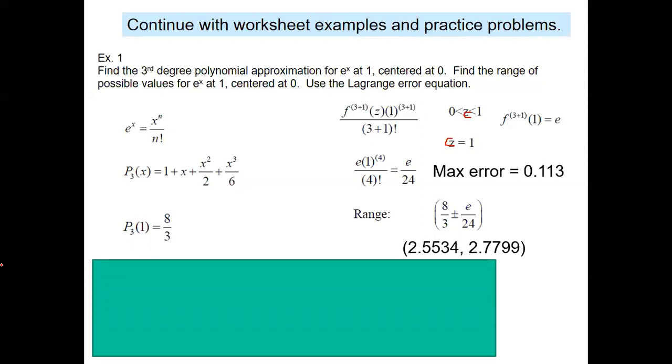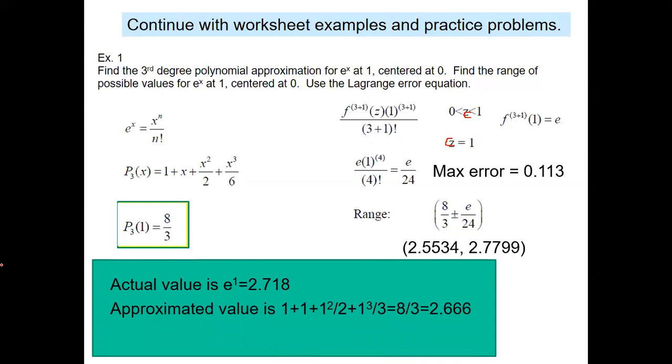So let's see how this worked out. The actual value of e at 1, obviously, is 2.718. My approximated value, this is what I did earlier, was 8/3, and this is me now substituting all of those in. So it was 2.666.